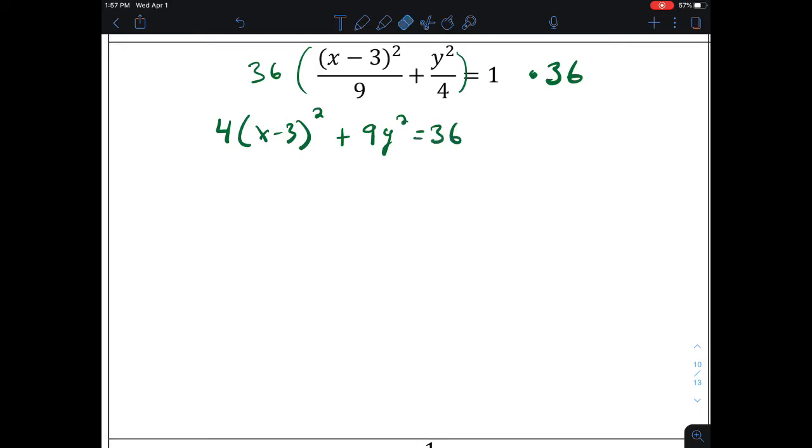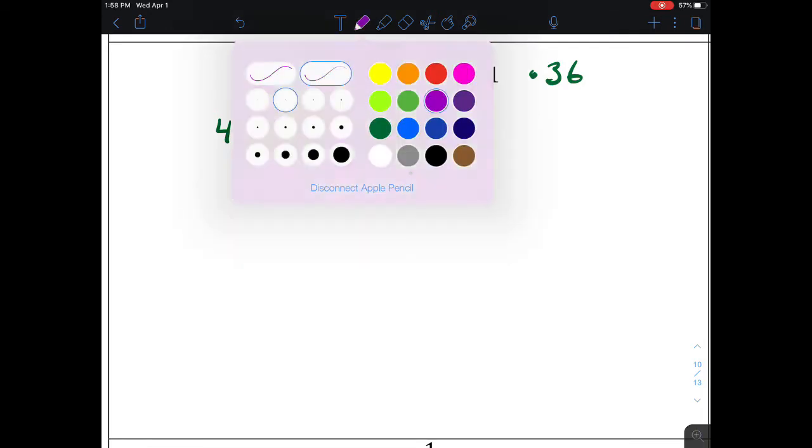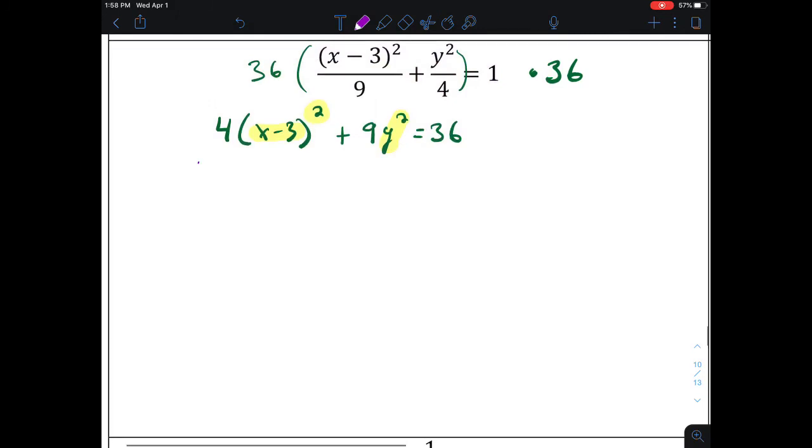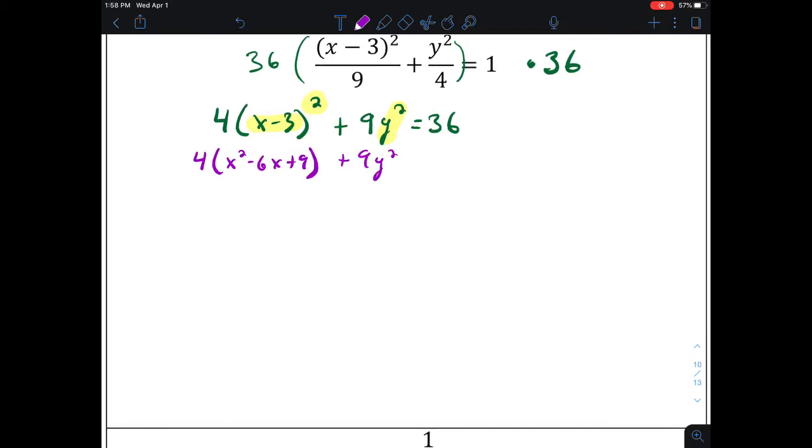Now, I'm seeing that I have y squared, and I have this binomial including x being squared, so I'm going to expand it before I start plugging in any conversion formulas. And so this would make 4 times x squared minus 6x plus 9, plus 9y squared is equal to 36. Well, distribute that 4, and we have 4x squared minus 24x plus 36 plus 9y squared is equal to 36. Well, the 36's here are going to cancel out.